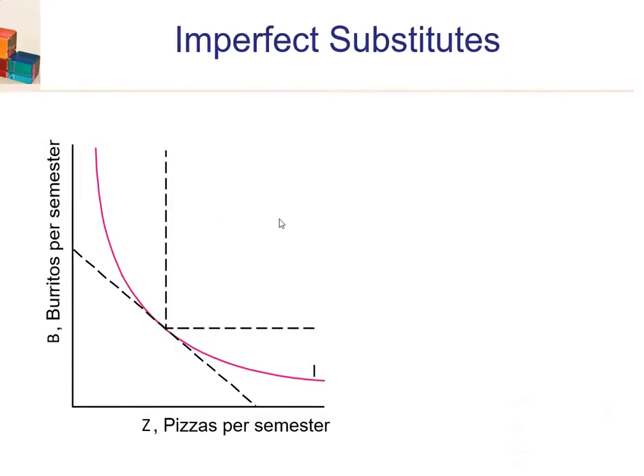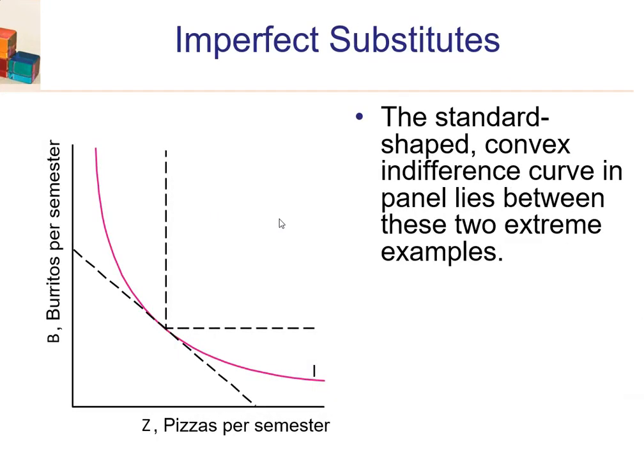So let's summarize this situation. We have perfect complements, which are right angles, when you are like Sue and only will consume the goods in fixed proportions. We have perfect substitutes, where these are lines going from one axis to the other axis. And then you had the typical shape here in pink of a smooth downward sloping thin indifference curve.